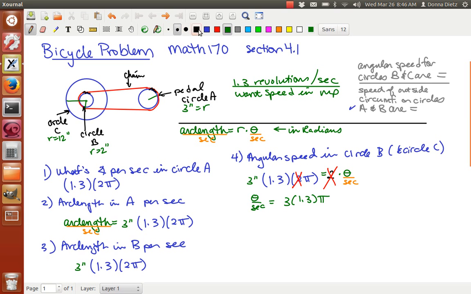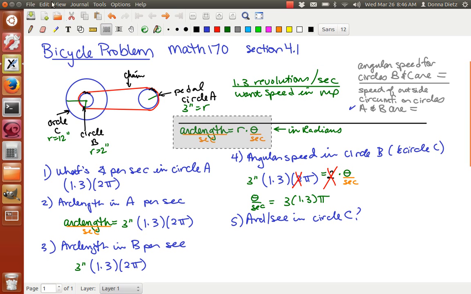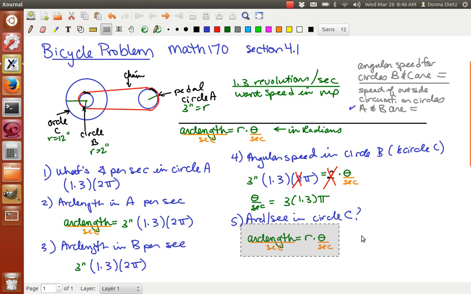All right, we have another question. Next question is arc length per second in circle C. And then again, we just take this formula again. And we already had the angular speed.